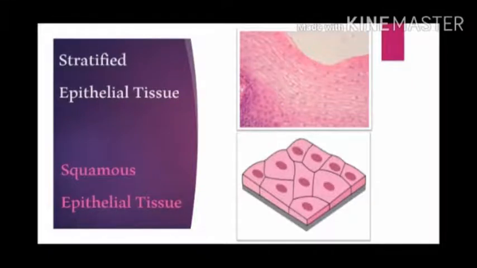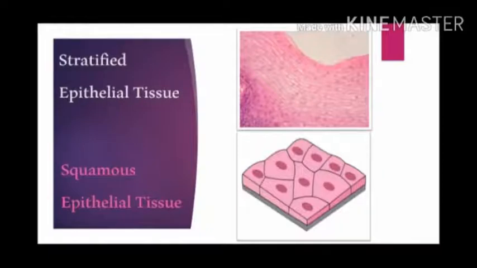So students, you are seeing in this picture there are two types of epithelial tissue. The first figure is stratified epithelial tissue and the second one is squamous epithelial tissue.